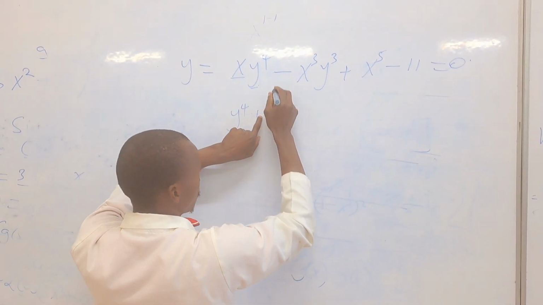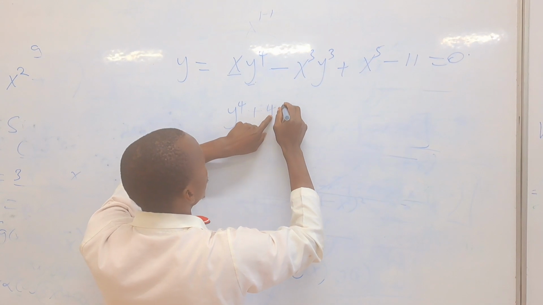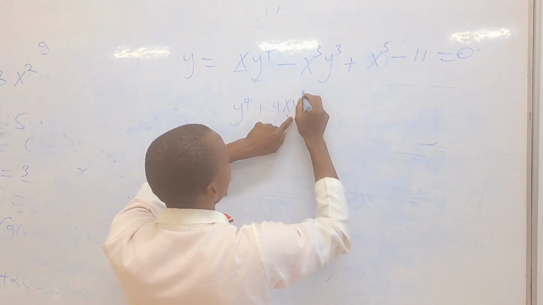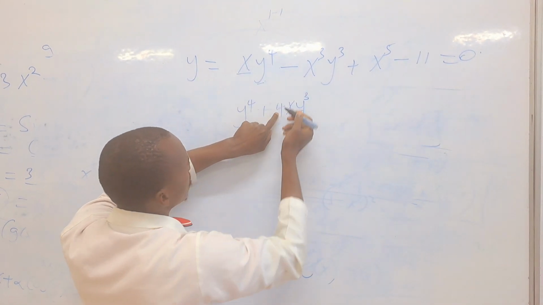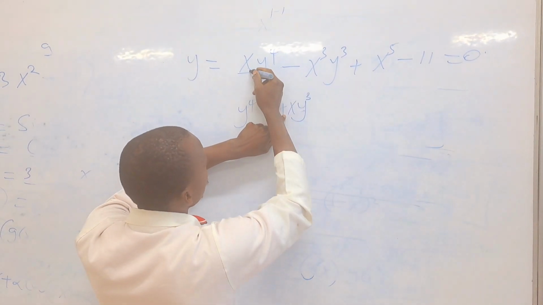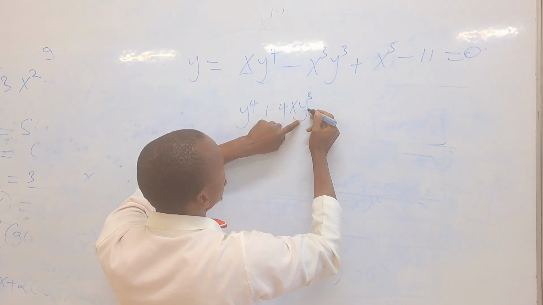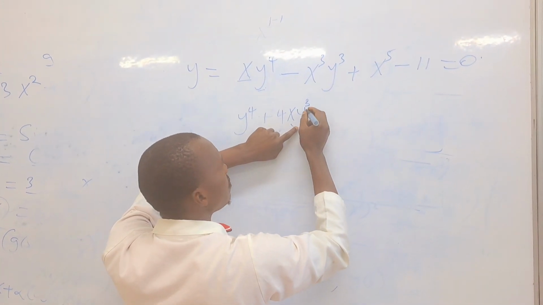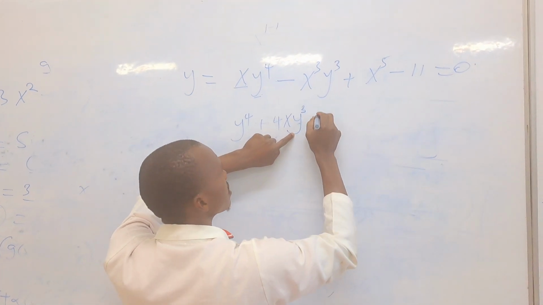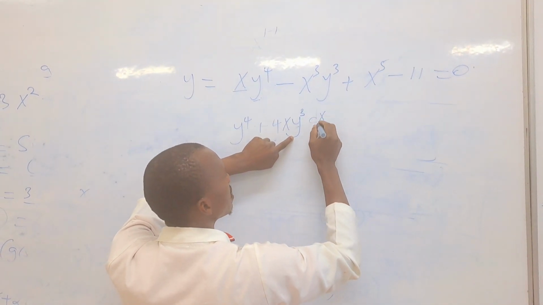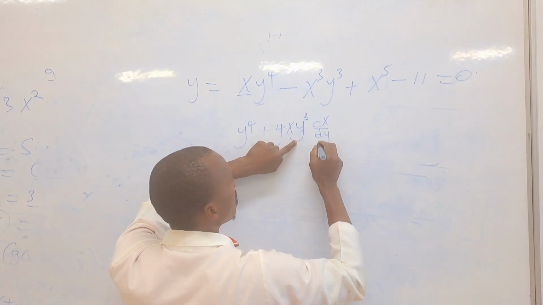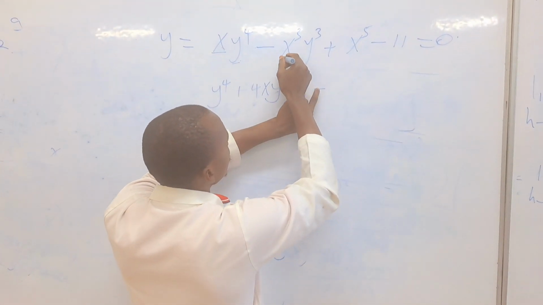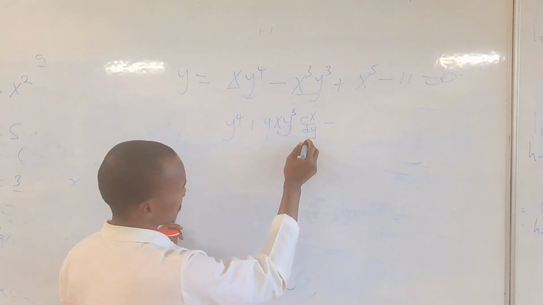So we'll have 4x y raised to power 3. This 4 is this one, then x remains, then y, that is 4 minus 1. Then if you differentiate y, it will always be dy dx, like that, minus.